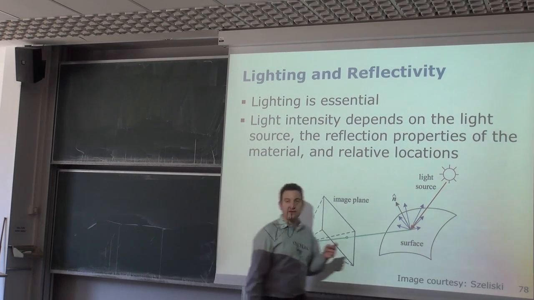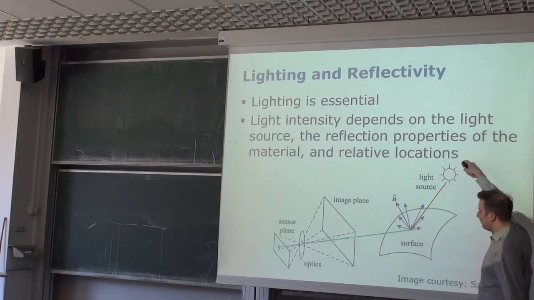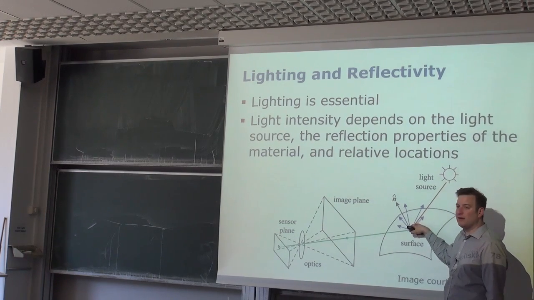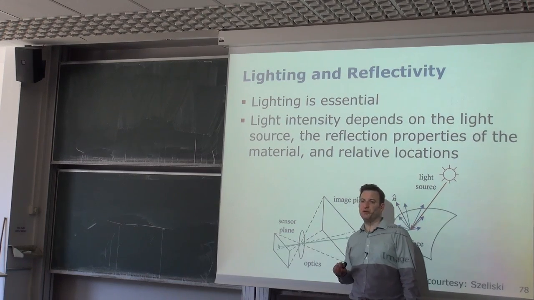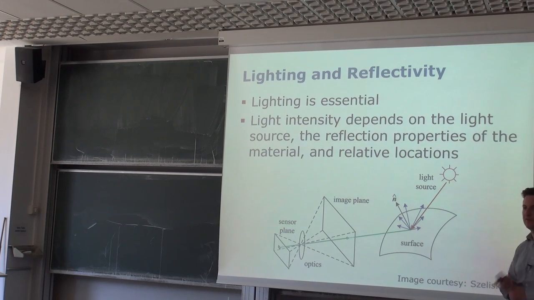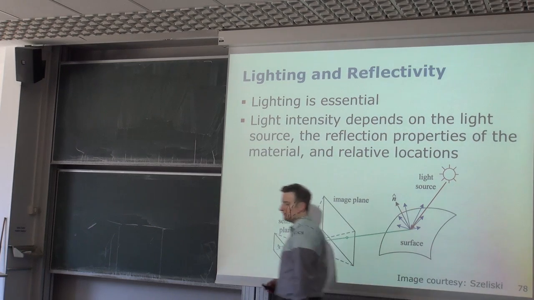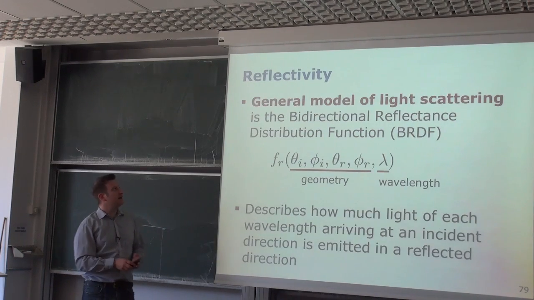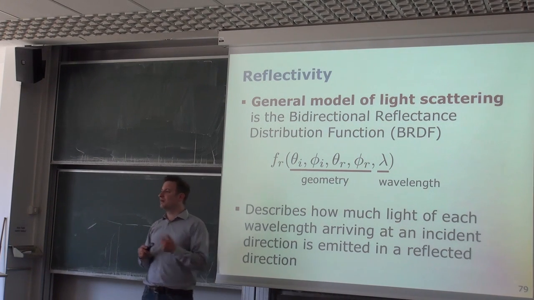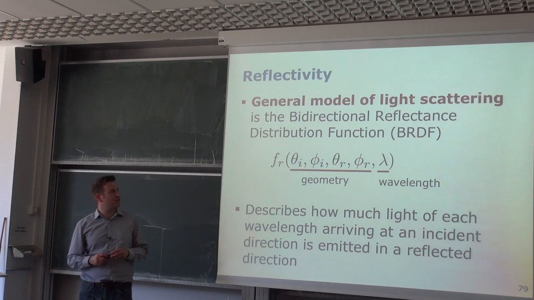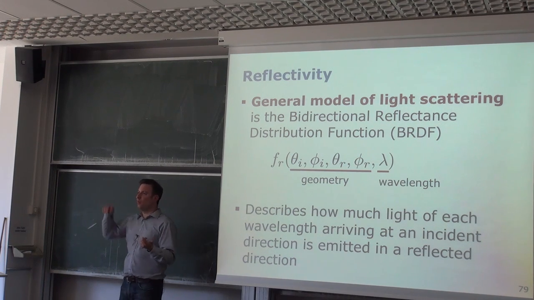And the question is, what is the amount of light that I actually can observe here? So this clearly depends on the light source. The more energy or the more light is emitted from this source, the more light we can actually receive here. But it also depends on the surface. It will depend on the material, and it will depend on the shape of the surface. And there's a general model which is called the bidirectional reflectance distribution function, or BRDF, which is a function or distribution which describes the reflectance of a material depending on its surface and on the wavelengths of the light.